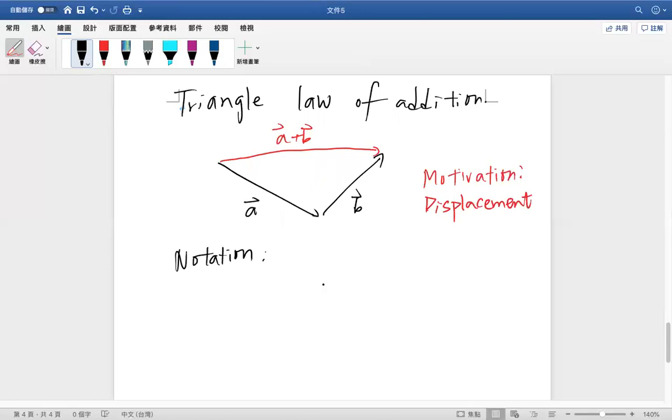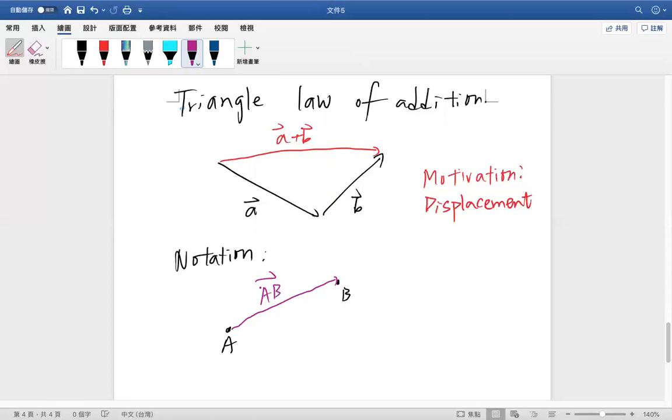So we want to introduce a notation which denotes the vector pointing from a point to another point. For example, we have a point A here, we have another point B here, and then we have a vector pointing from A to B. This vector here, we call this vector AB.